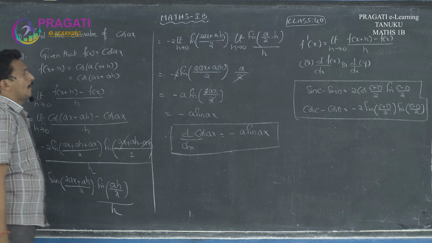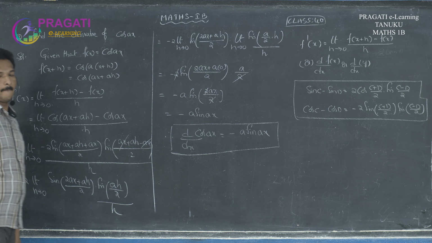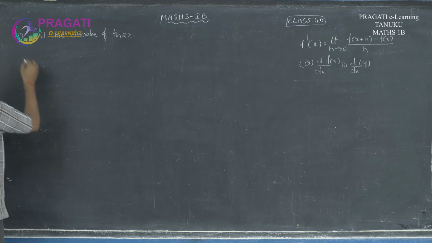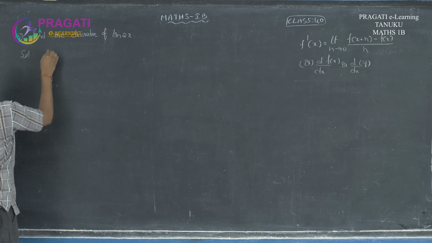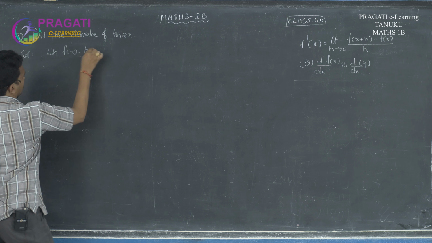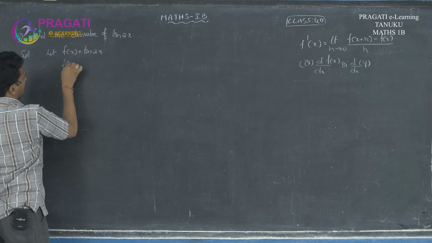Okay. The next sum is, find the derivative of tan 2x. Here the solution is, let f of x is equal to tan 2x. What is f of x plus h?